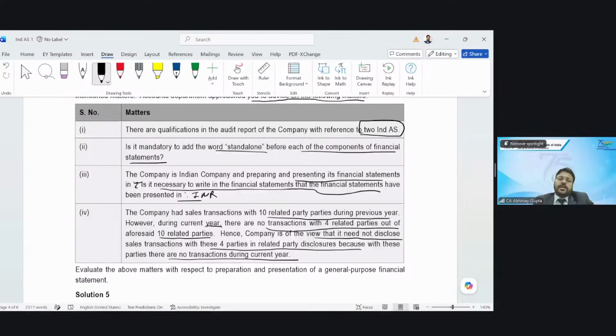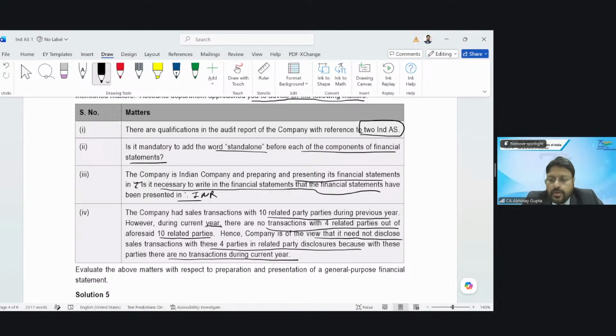So because transactions are not happening with a few of the related parties, the company believes their relationship or names are also not required to be disclosed on the balance sheet as related parties. So these are the 4 matters on which expert advice is sought.